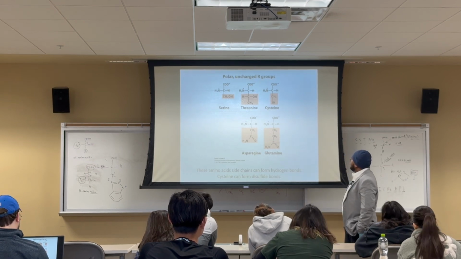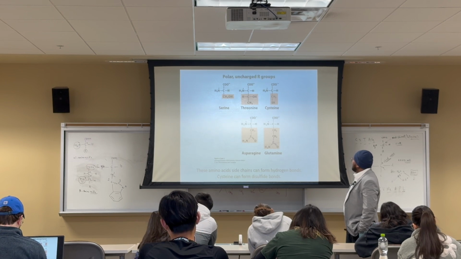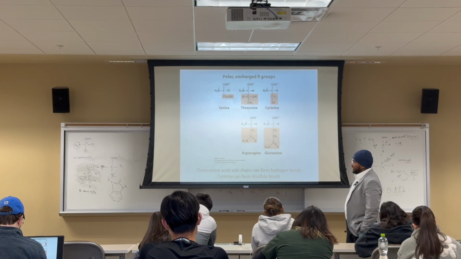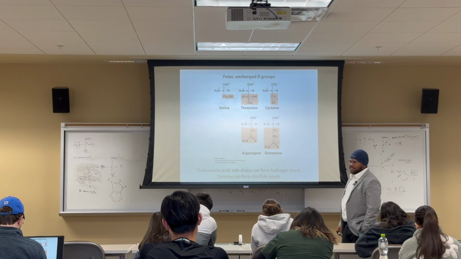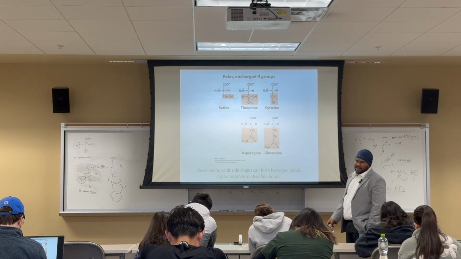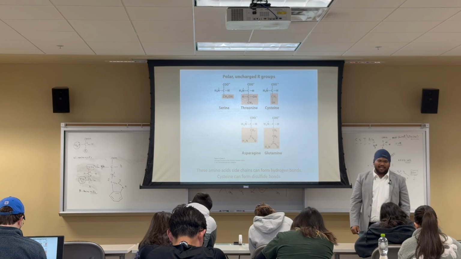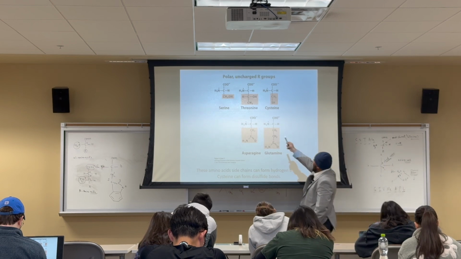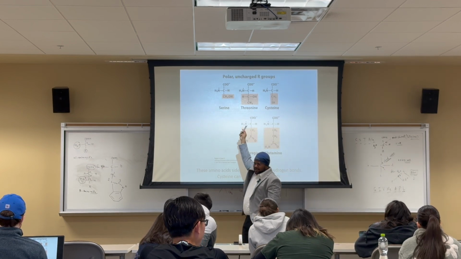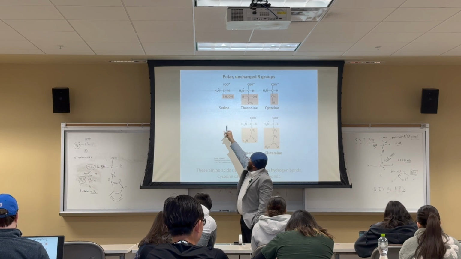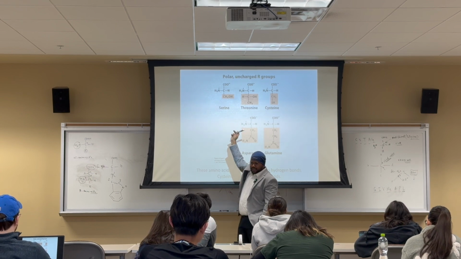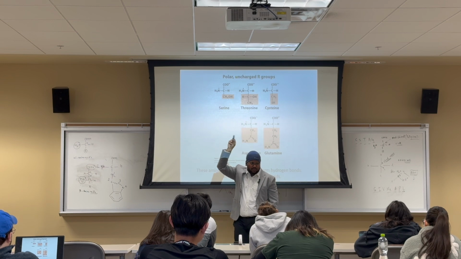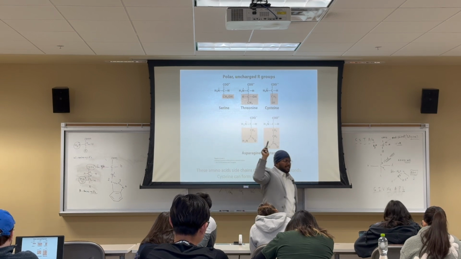let's move to serine. Serine and cysteine have something in common, and again there's an evolutionary trend you will see. Can you see the R group? The R group of serine is CH2OH, which is a hydroxyl group.